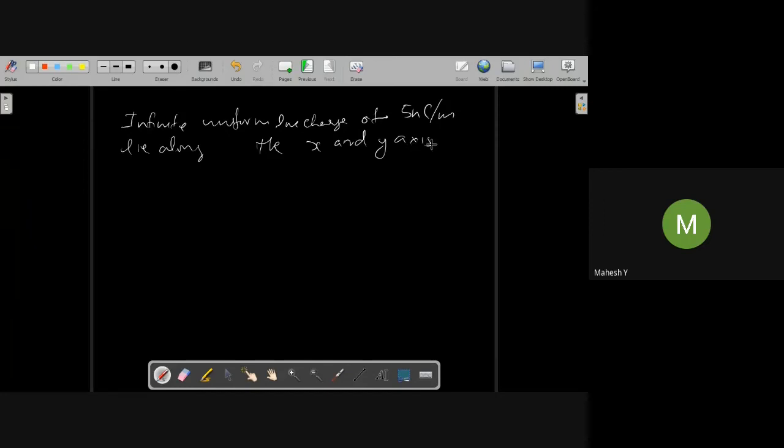Infinite uniform line charges of 5 nanocoulomb per meter lie along the x and y axis in free space.